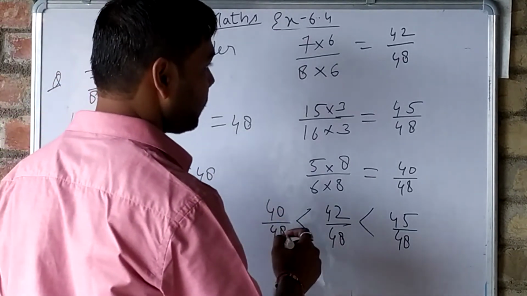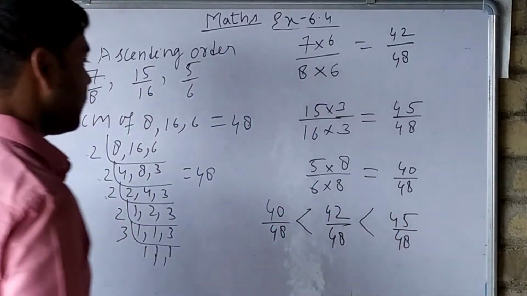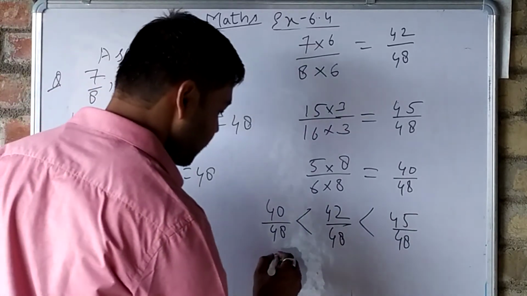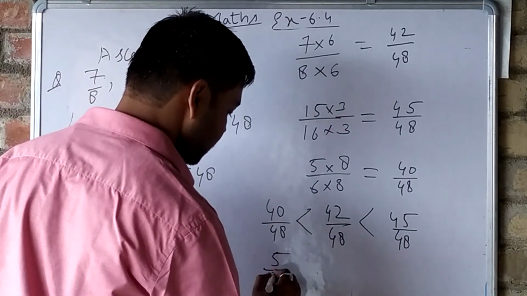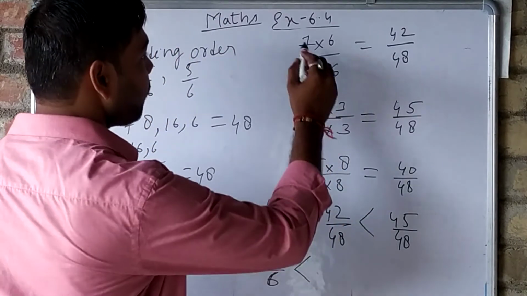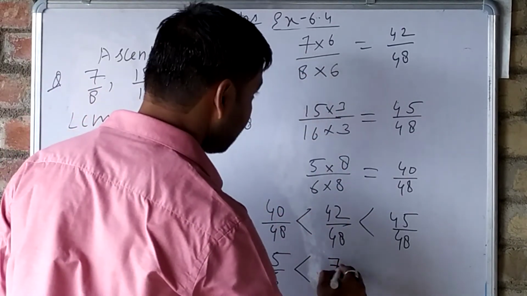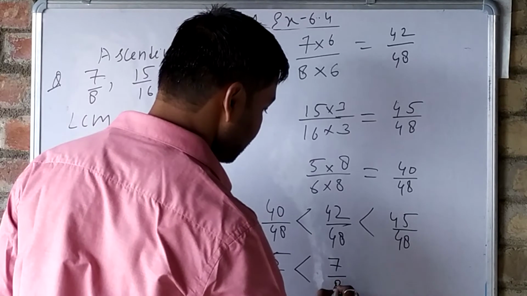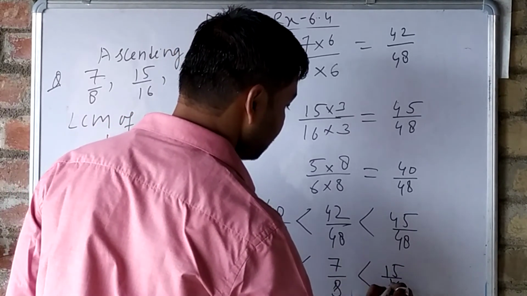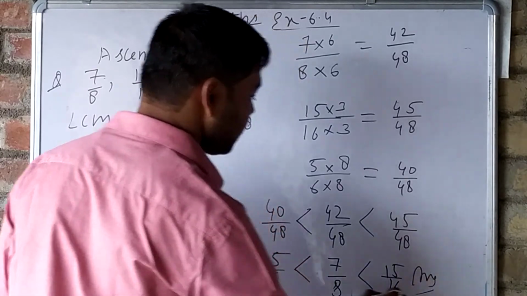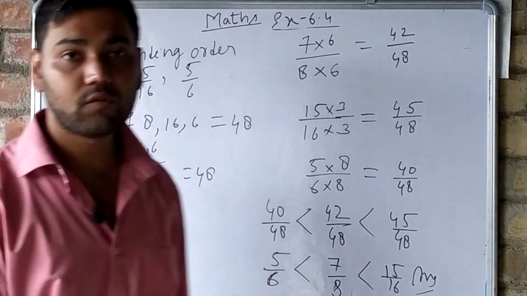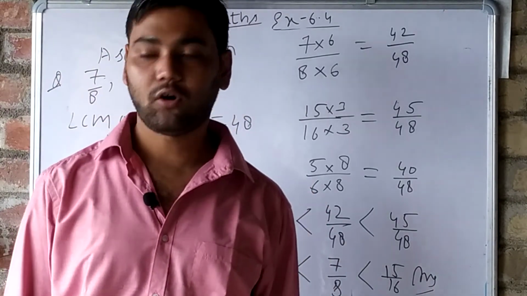So 40 upon 48, then 42, then 45. 40 upon 48 is actually 5 upon 6, which is smaller than 42 upon 48, that means 7 by 8, then 15 upon 16 is the answer. By this we have arranged the given fractions in ascending order.